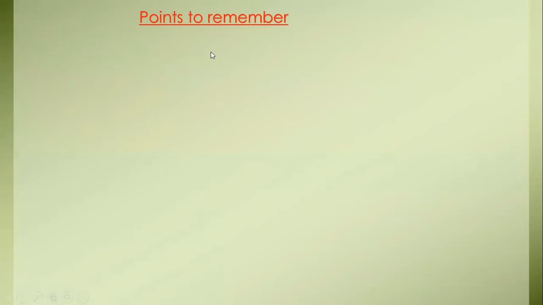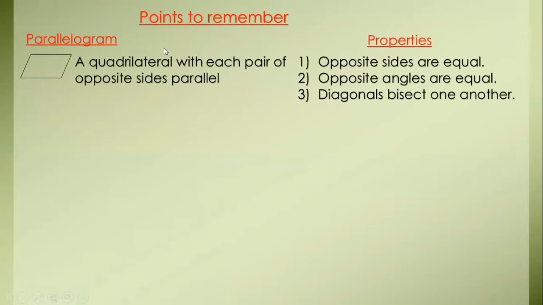Then what have we discussed in this lesson? First one, parallelogram. A quadrilateral with each pair of opposite sides parallel. Then properties. Opposite sides are equal, opposite angles are equal, diagonals bisect one another.